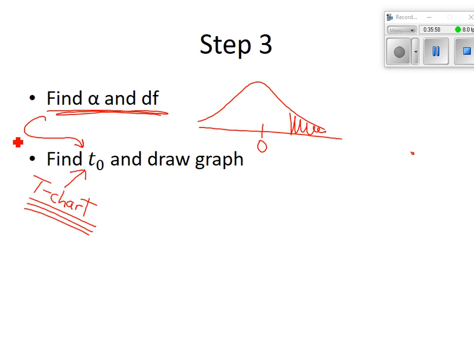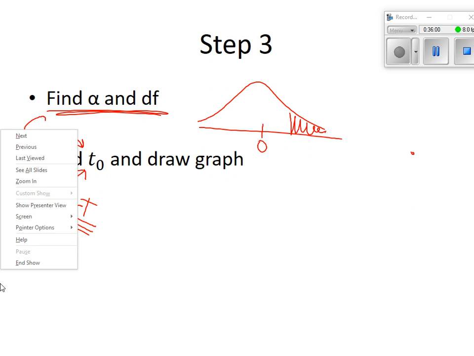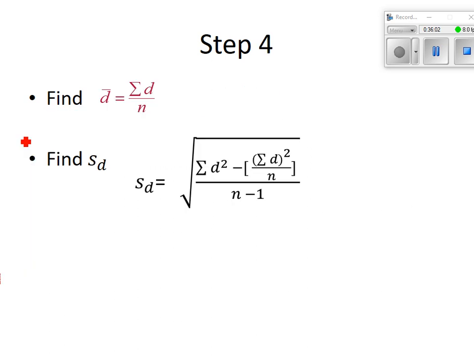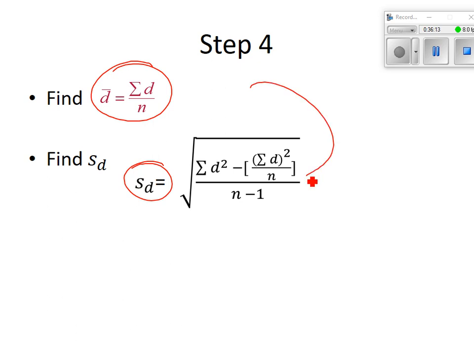What do you got to do once you draw that? What's the next thing? Find D-bar. All right, so you're going to find D-bar, then you're going to find your SD, then those two things are going to lead you to find what T equals.